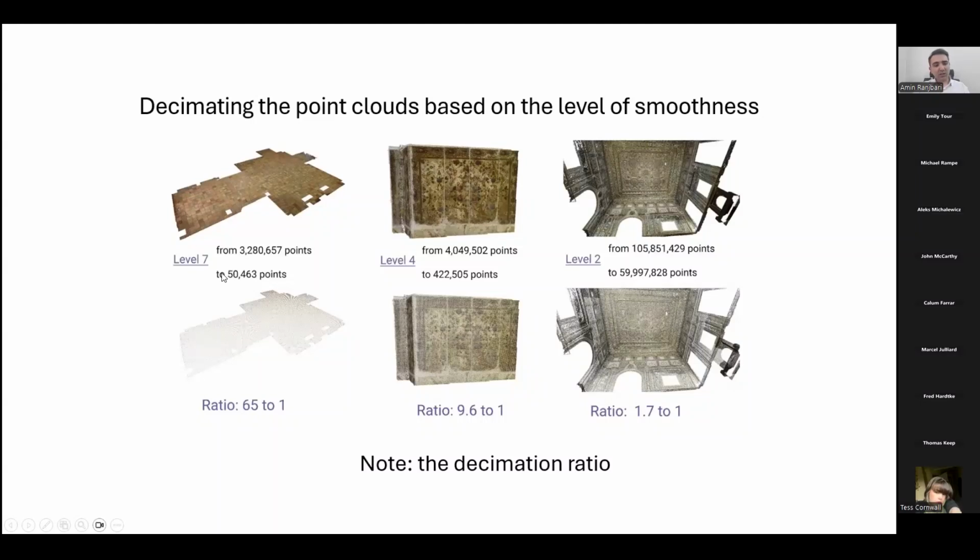And on the left side, you can see that the least important part, which is the flat floor, gets the maximum reduction, and the ratio is 65 to 1, and it means that 3 million points have been reduced into only 50,000 points.